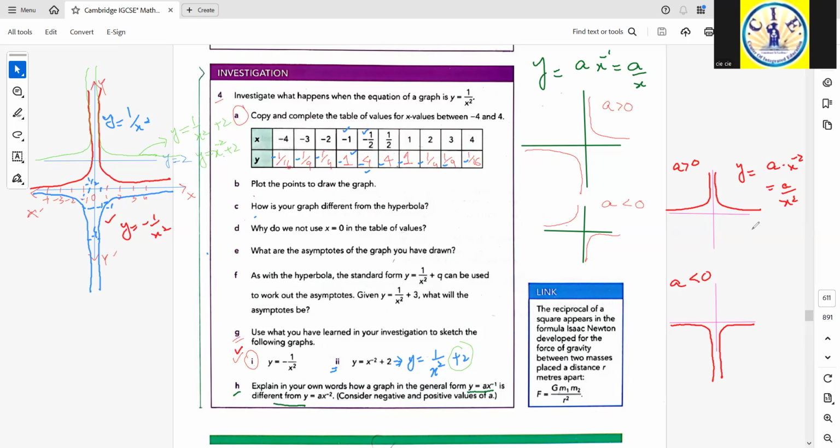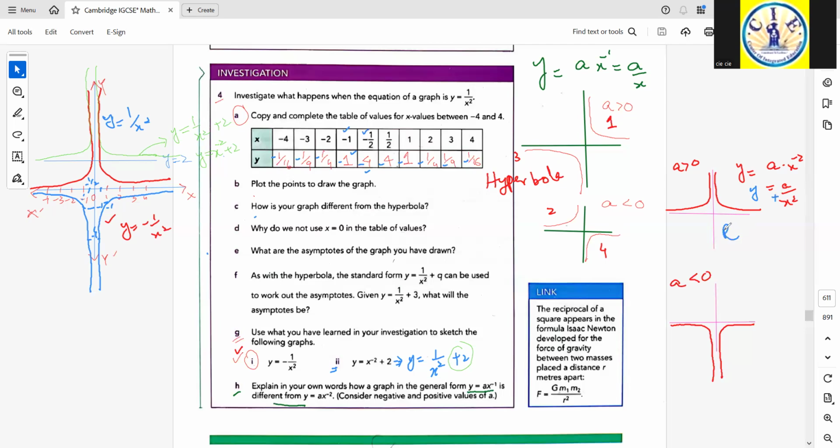So if now we compare them, we see that this is a graph of hyperbola with two curves in the opposite quadrants. This was in quadrant 1 and 3, and this was in quadrant 2 and quadrant 4. So in this case, now we see that the value of y is positive a by x squared.